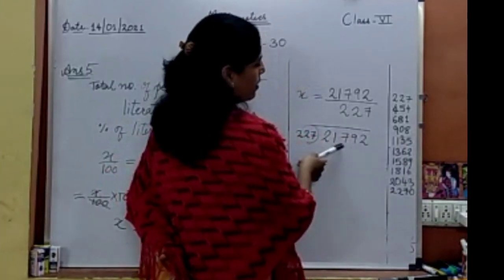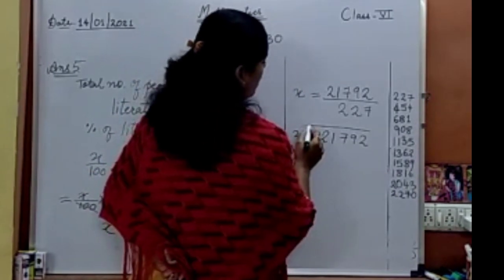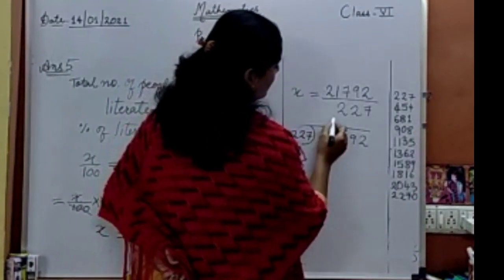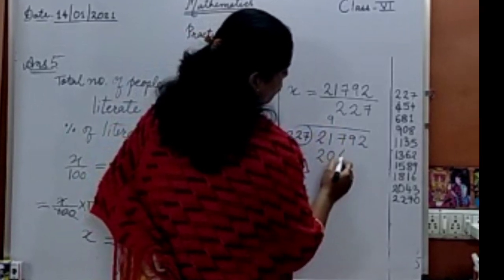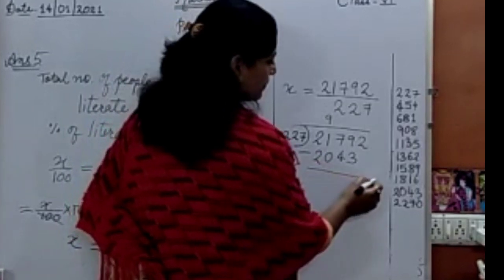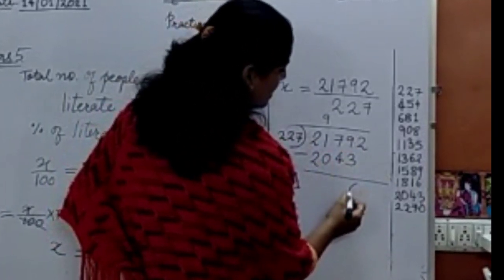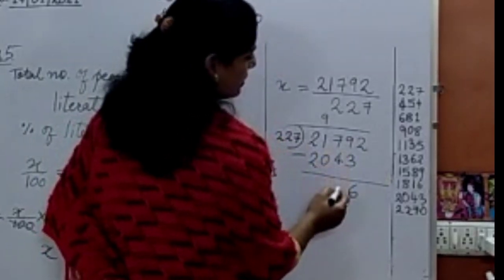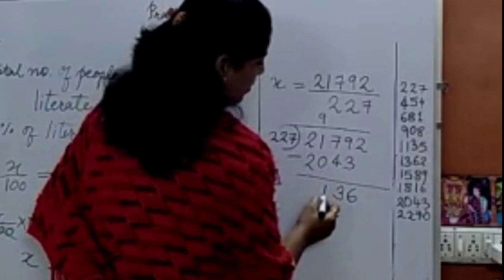The first four numbers can be taken. 227 9s are 2043. Let us subtract it. Okay. 9 minus 3, 6. 7 minus 4, 3. 1 minus 0, 1.